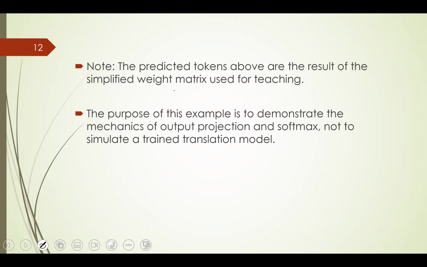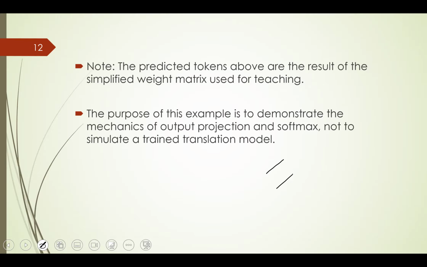It's a simplified result for learning. The purpose of this example is to show the mechanics and functionality of output projection and softmax, not to train or simulate a trained translation model, but to see what happens within the encoder.